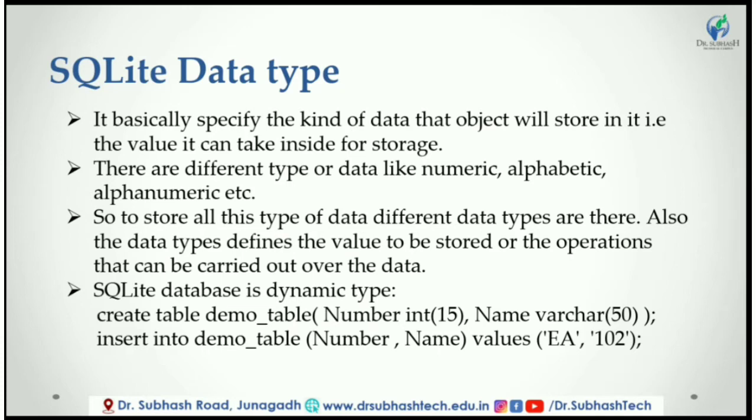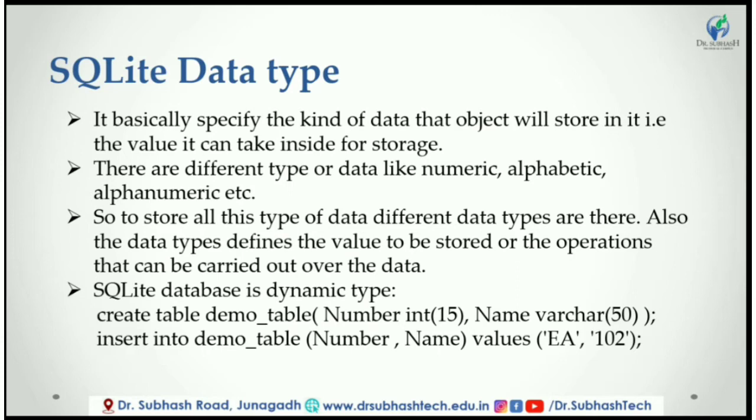SQLite database is dynamically typed, meaning the type of value to be stored in the container is decided by the value itself. In other words, SQLite does not use static and rigid typing, which allows us to define data as per value. Let's take an example to understand the point more clearly.